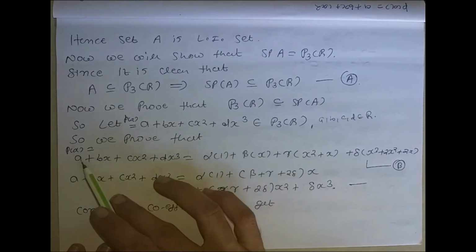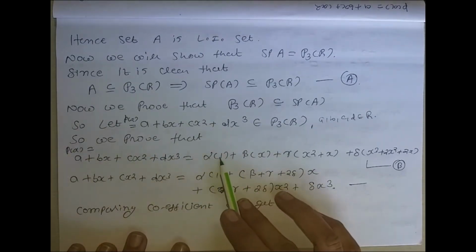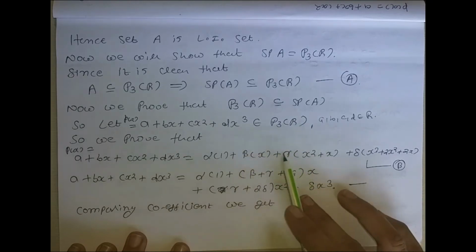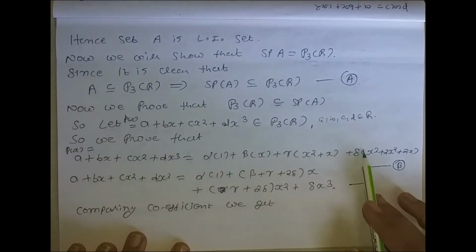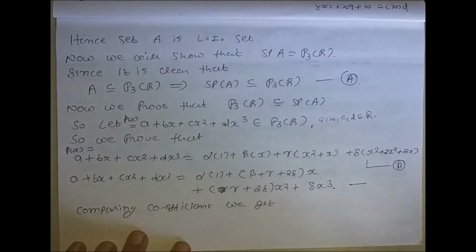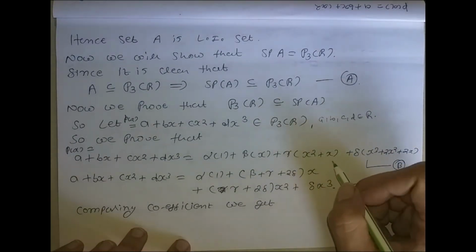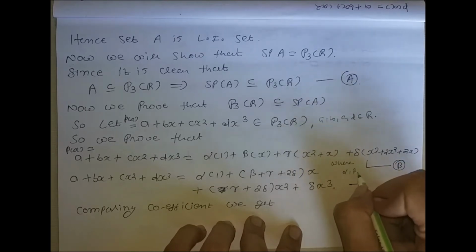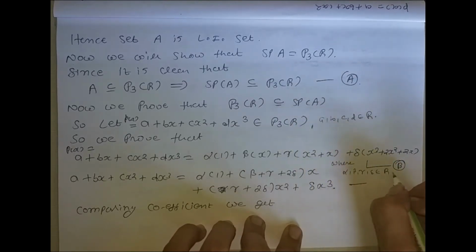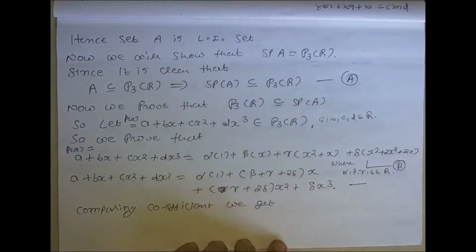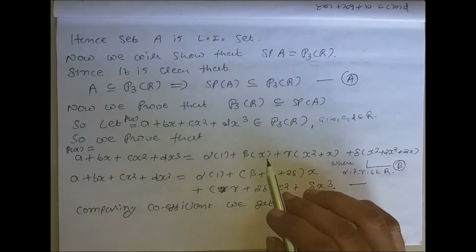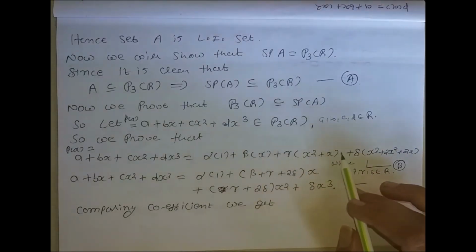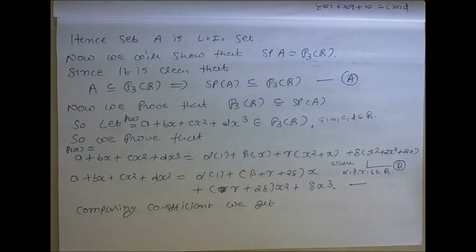So a polynomial p(x) is equal to alpha into 1 plus beta into x plus gamma (x² + x) plus delta (x³ + 2x² + 2x), where alpha, beta, gamma, delta belong to the set of real numbers. Now again collect the constant coefficient, the coefficient of x, of x², and of x³.